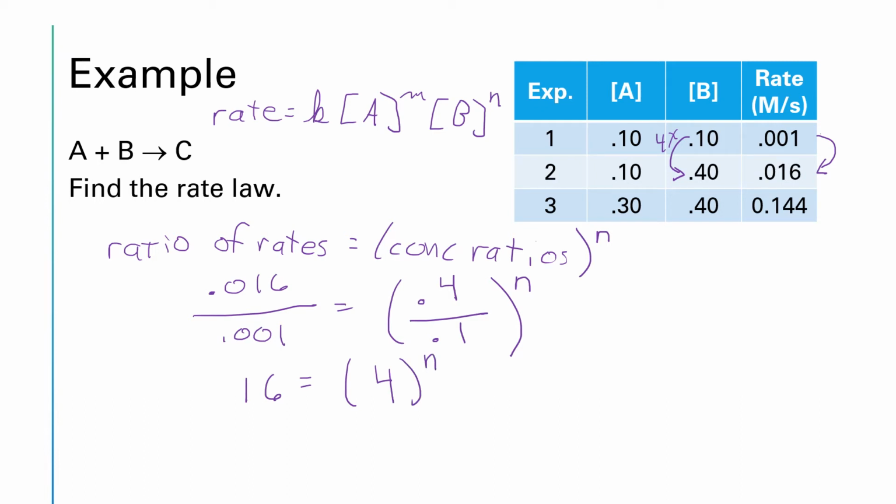So the exponent that we need here to make this a true statement is 2, because if 4 is squared, we get 16. And so that means that this reaction is second order in B. All right, so we know that N is equal to 2. Now on the next slide, we're going to go after M and a numerical value for K.